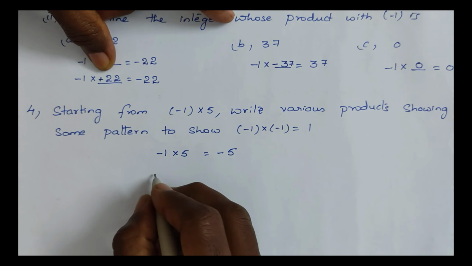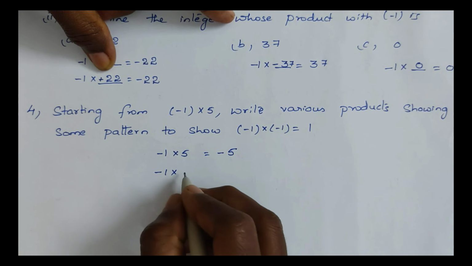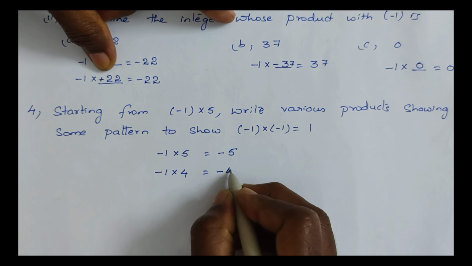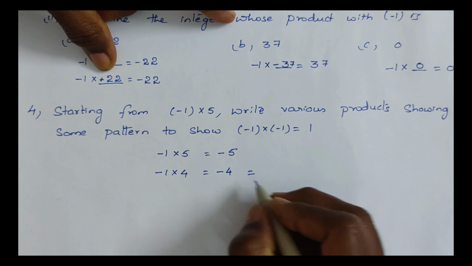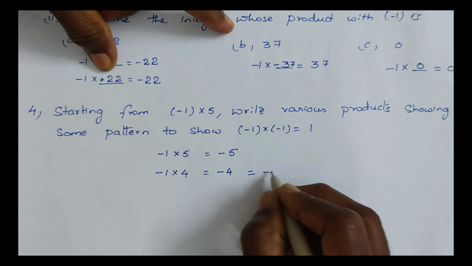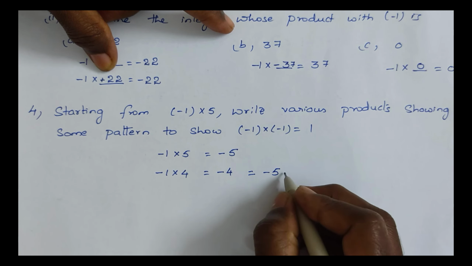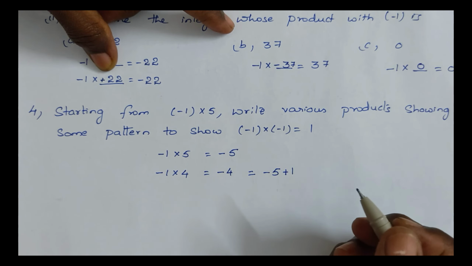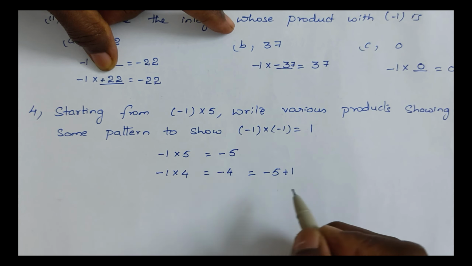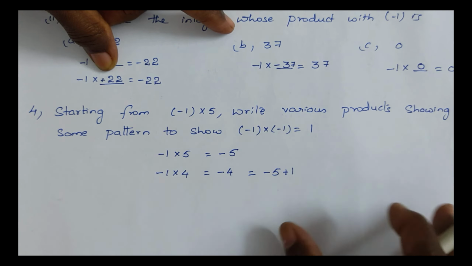Now next, minus 1 into 4. What is minus 1 into 4? Minus 4. This also, the minus 4 you can get from minus 5 plus 1 gives you minus 4. By adding 1 to the previous product, you will be getting this, isn't it?